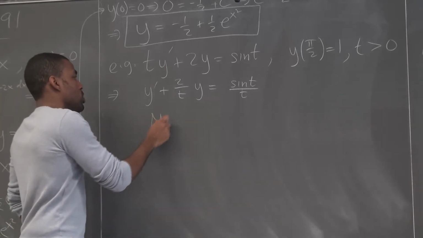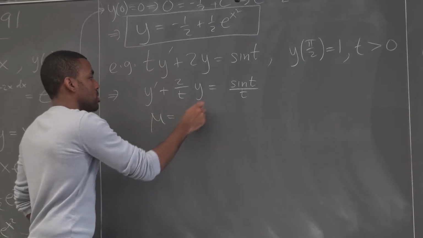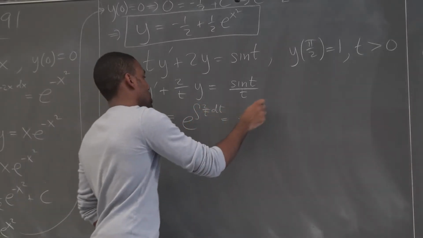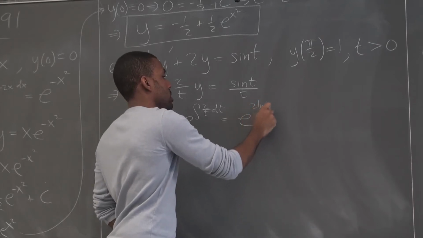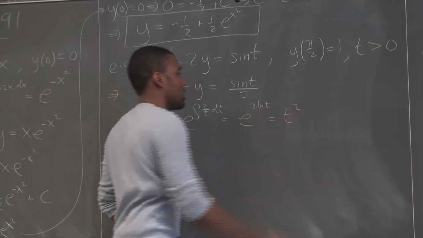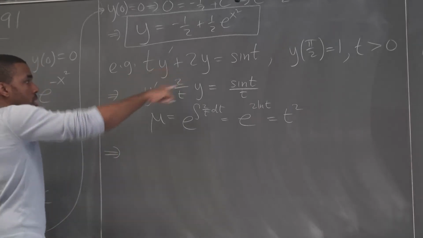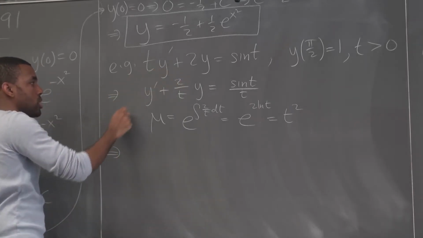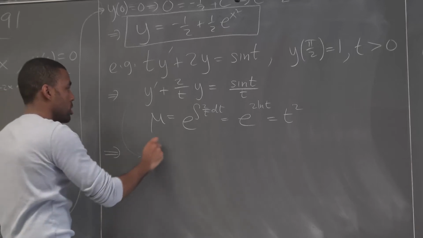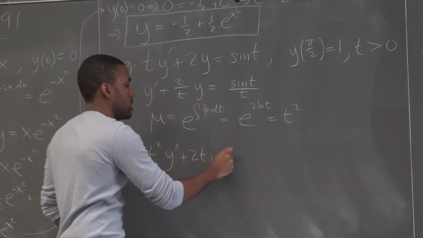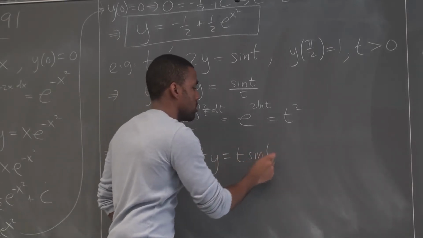And so now your mu would be e to the integral of 2 over t dt, which is just e to the 2 ln t, which is just t squared. This means I multiply this equation through by t squared, right? This guy would become t squared y prime plus 2ty equals t sine t.